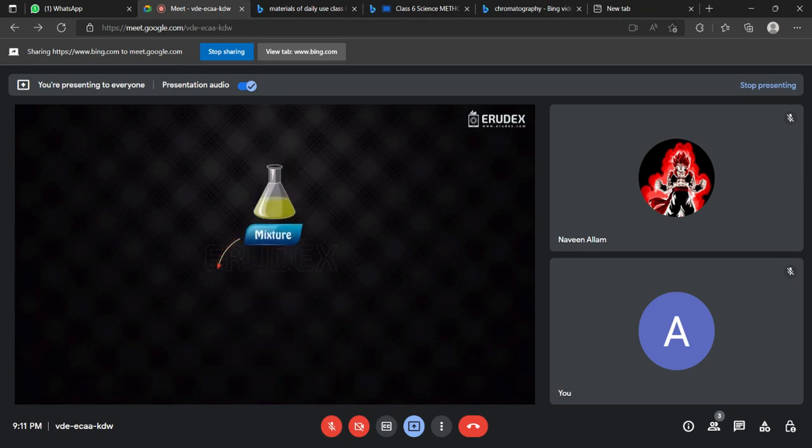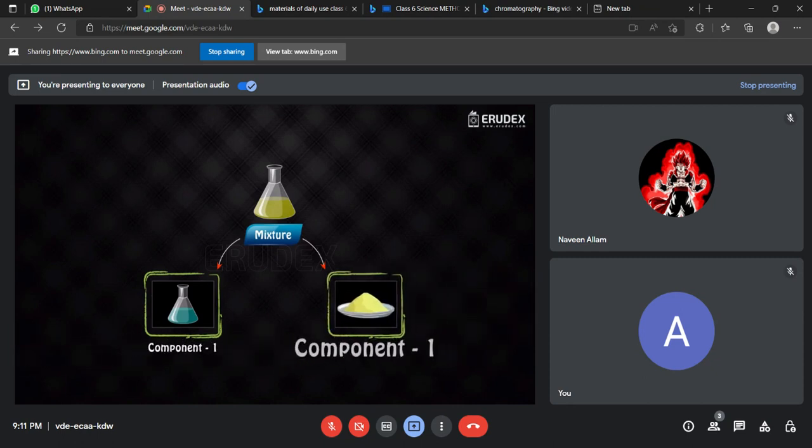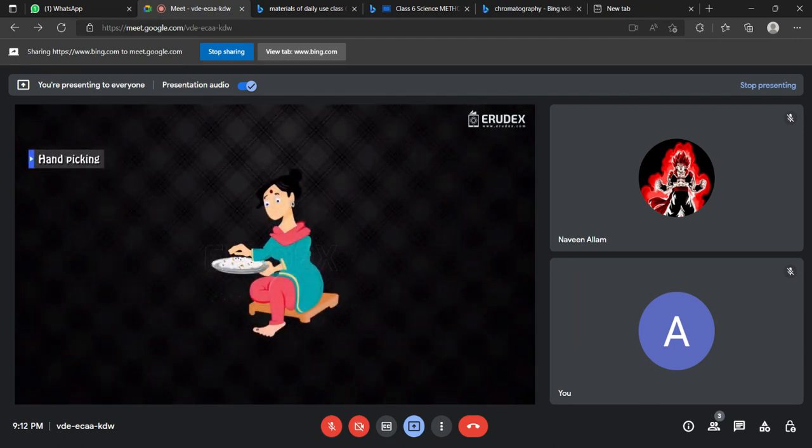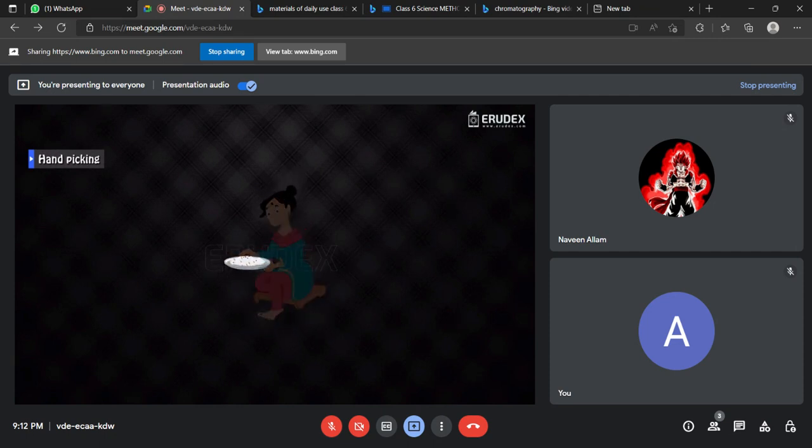Each component of a mixture has its own unique property. Based on this property, components can be separated. Hand picking involves manual picking.